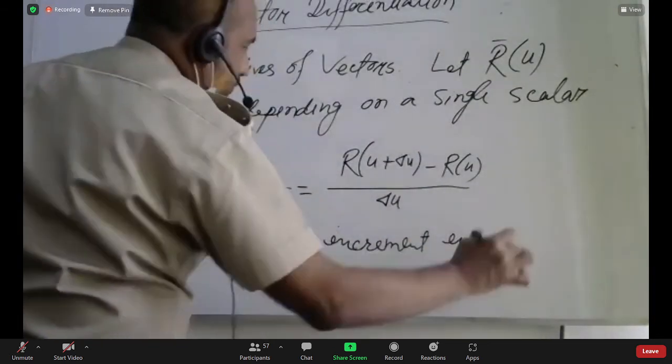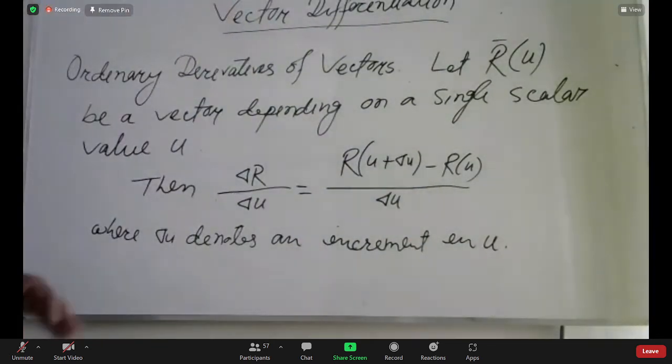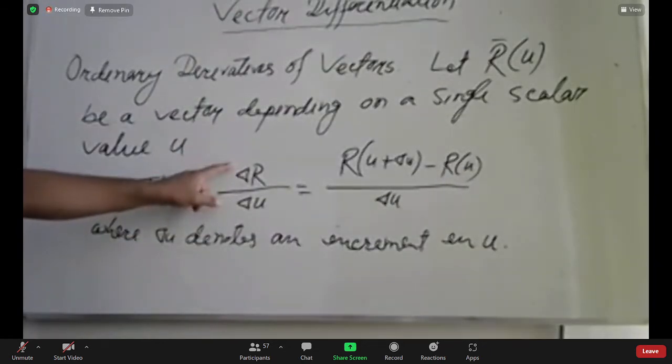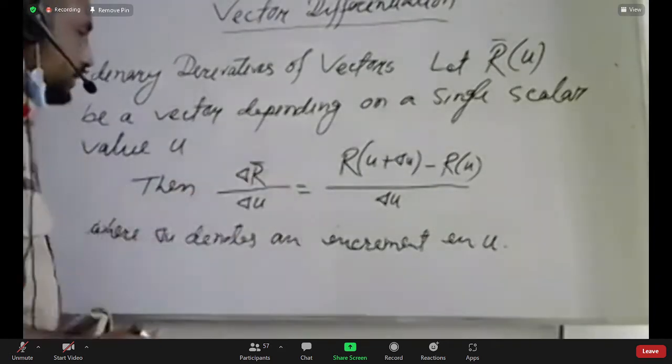Have you understood up to this? This is the ratio, the fraction delta r by delta u. Delta r is the small increment of the vector r, and delta u is the small increment of u.